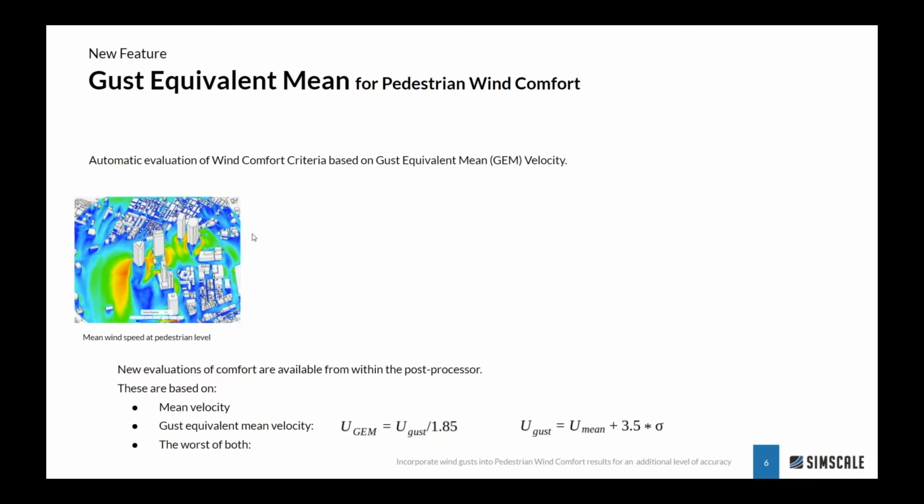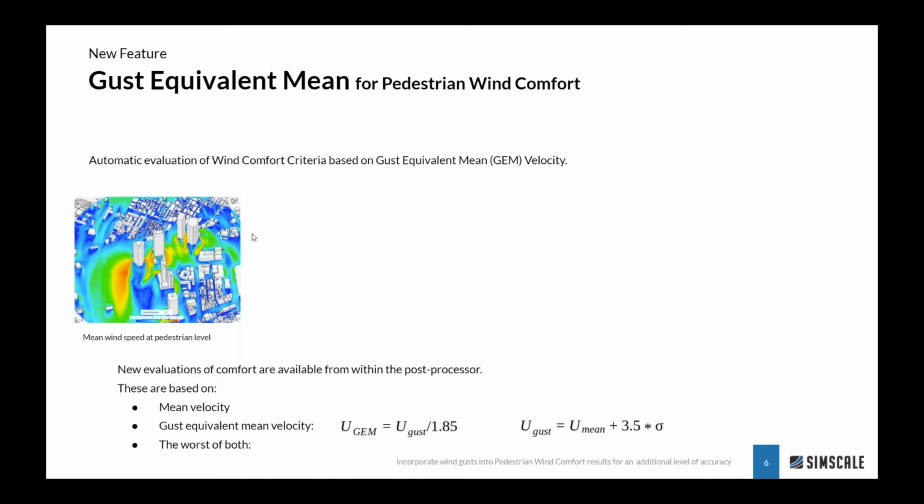The baseline here is that the wind comfort and also safety is not only related to the mean wind speed, but also wind gusts can have an adverse effect on the sensed comfort of a person in an urban environment.